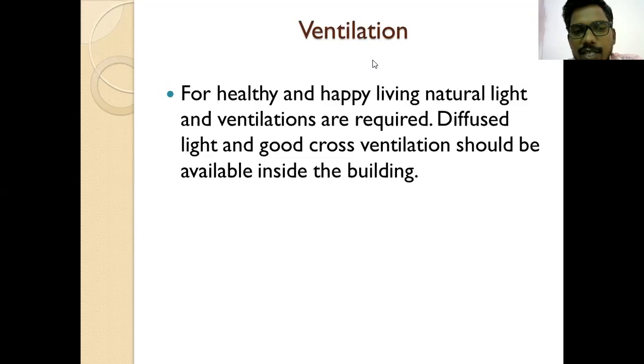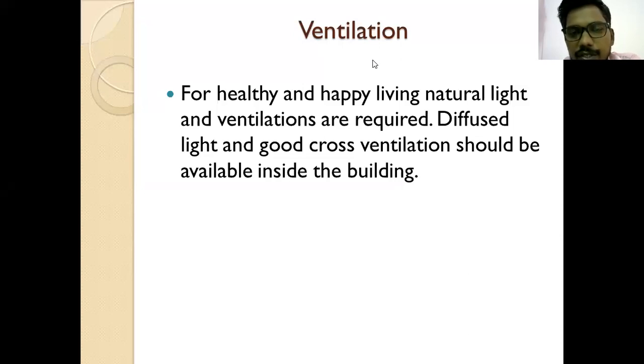The total area of that room is 12 meter square, and of that floor area, 10% clear opening we have to provide for getting proper ventilation in a dry and hot region.